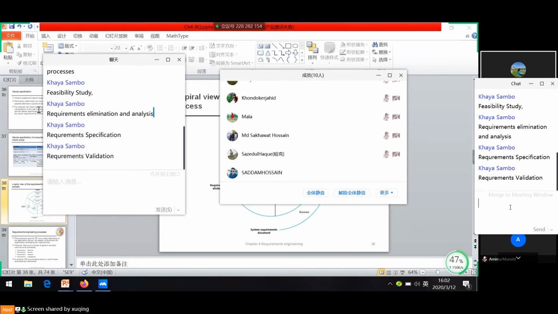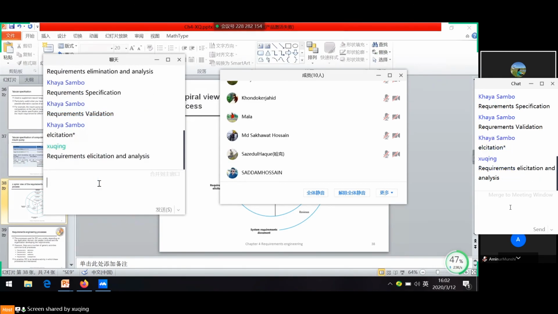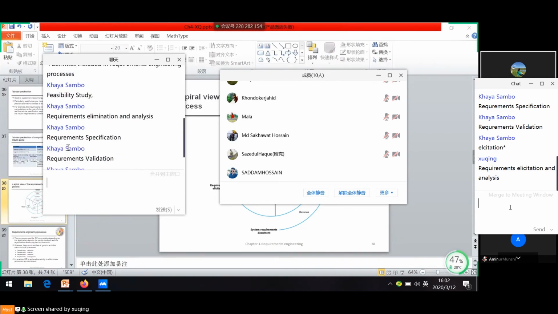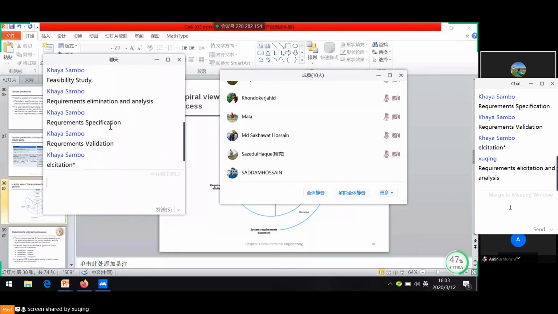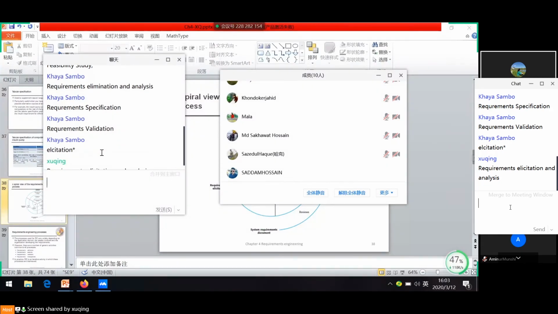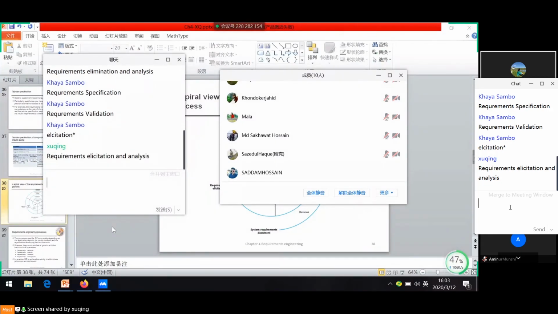Very good. Thank you very much, Kaya. It's not elimination. We don't eliminate it, but elicitation. Yeah, exactly. These four activities: feasibility study, requirements elicitation and analysis, requirements specification, and the requirements validation. Very good. Thank you, Kaya.